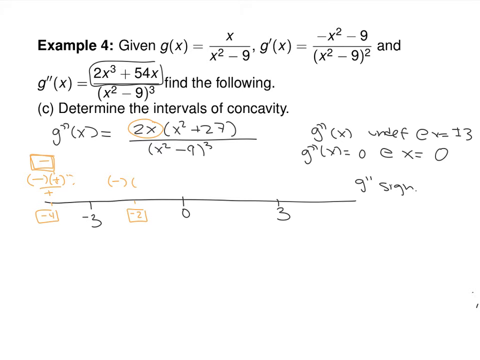Negative first factor, positive next factor, positive next factor, over negative. This would be 4 minus 9, a negative number, and you cube a negative number, you get a negative number, right? So the second derivative is positive on that subinterval.